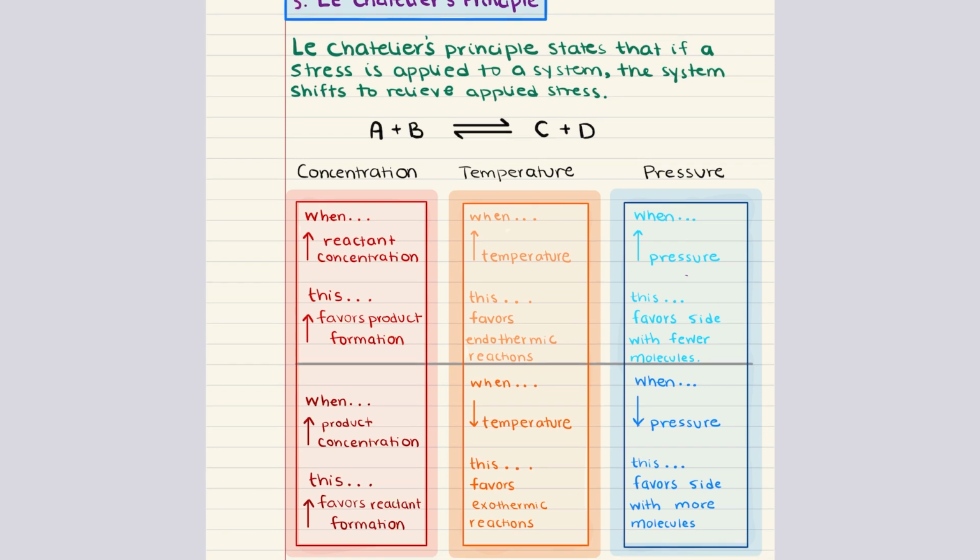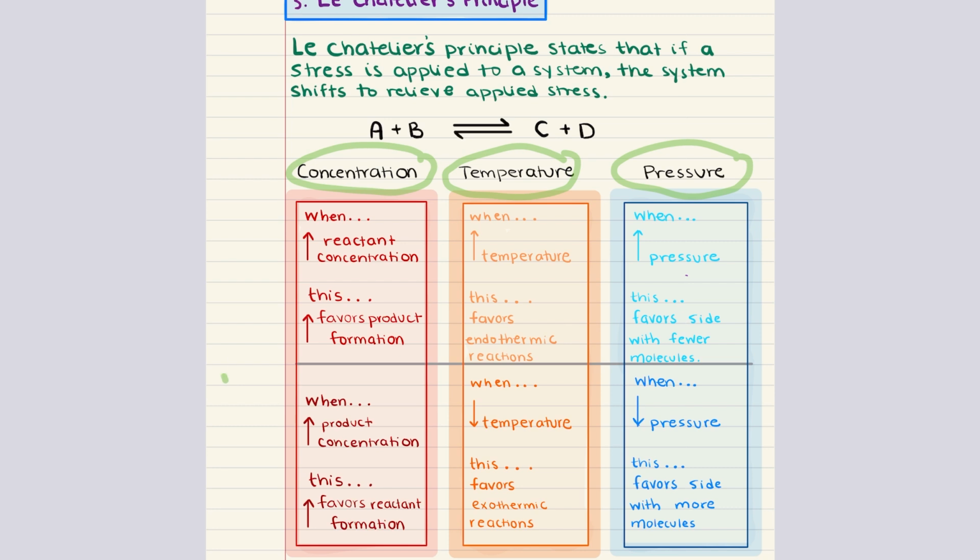The third objective discusses Le Chatelier's principle. This principle states that if a stress is applied to a system in equilibrium, the system will adjust to counteract the stress and reestablish equilibrium. And this principle can be applied to changes in concentration, changes in temperature, and changes in pressure.